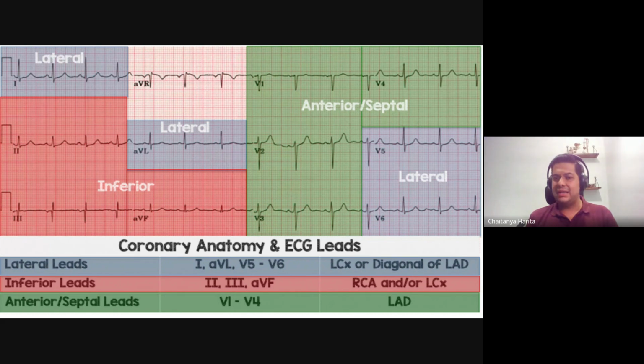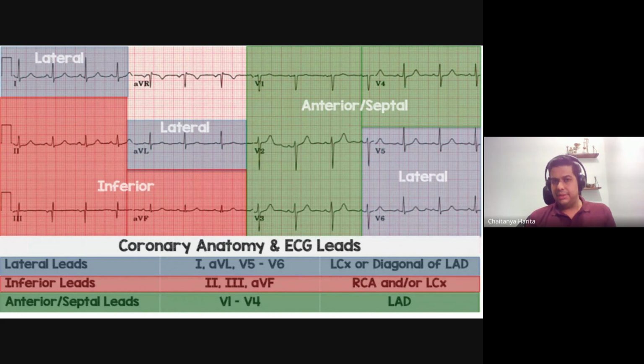V1, V2 is septal, V3, V4 anterior, supplied by the left anterior descending branch of the left coronary artery. 2, 3, AVF is the inferior wall supplied by the RCA or LCX. Right? So remember, right coronary artery and or LCX supplies the inferior wall. Left circumflex or sometimes the LAD diagonal, very rarely the RCA, supplies the lateral wall as well. V1 to V4 is the left anterior descending.